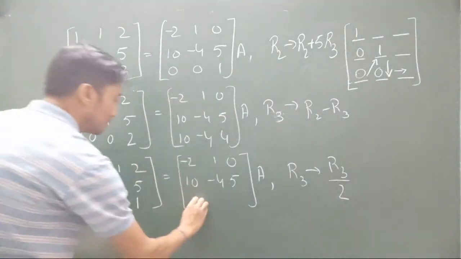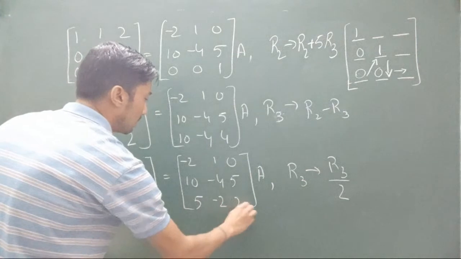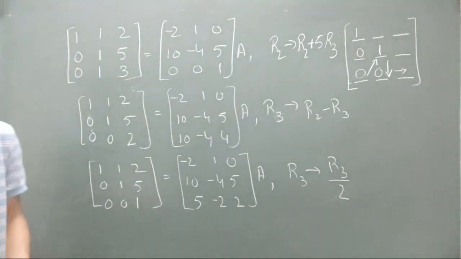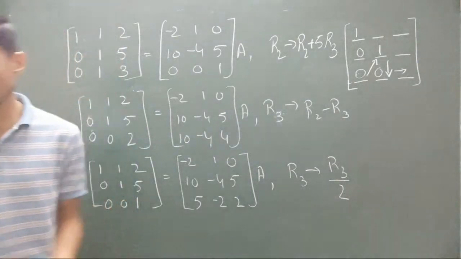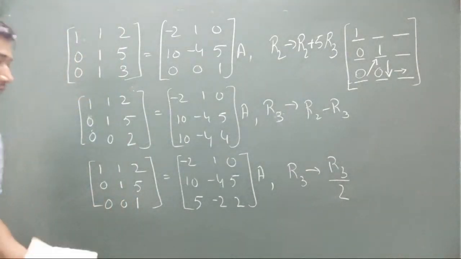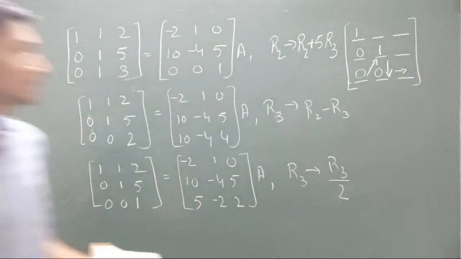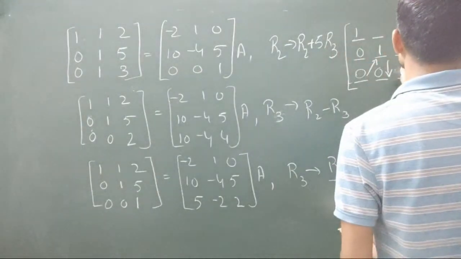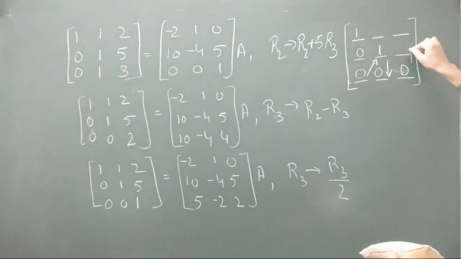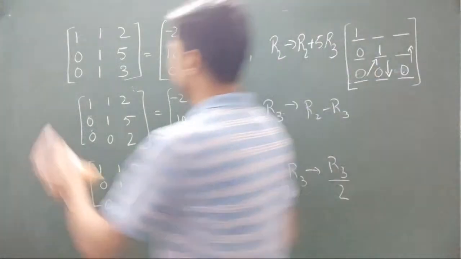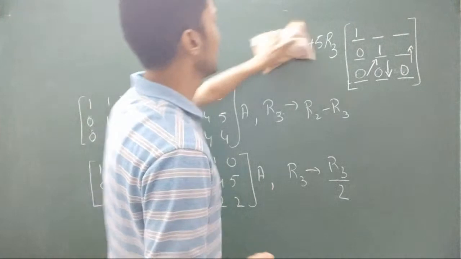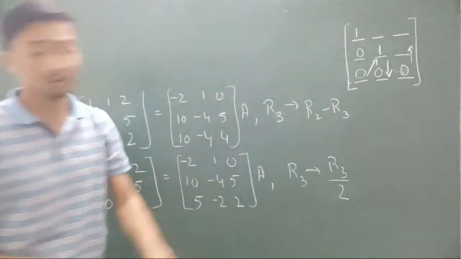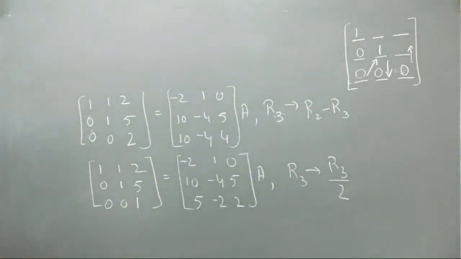All are easily divisible by 2, so no fractions here, not a big deal. So this is also done. Now going back to this, almost there. You have to be patient. If you do it on paper, it's much easier. But since I'm doing it on the board, it's kind of taking time. But don't worry, it will be very efficient also.